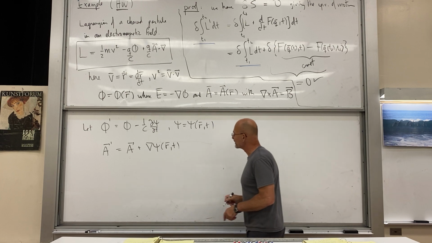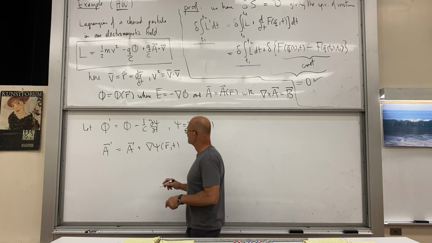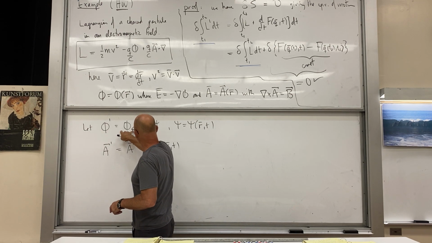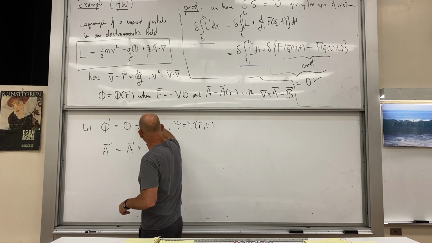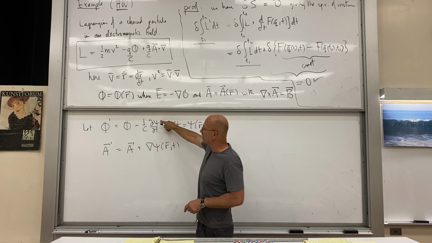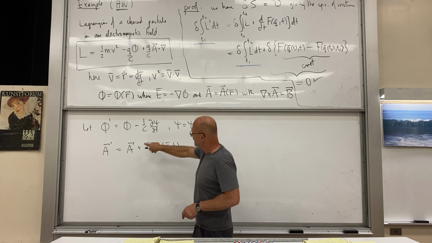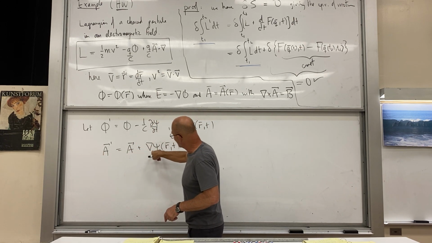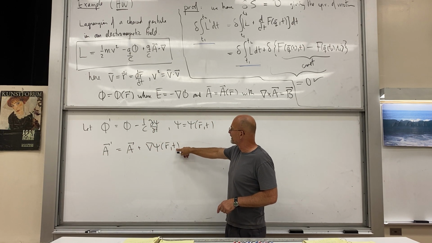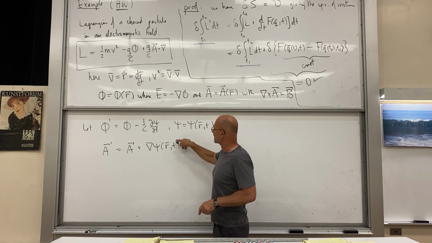So this is our transformation. So phi prime is phi, as defined above here, minus 1 over c times this time derivative, partial derivative. And A prime is A plus the gradient of this self-same function right here.